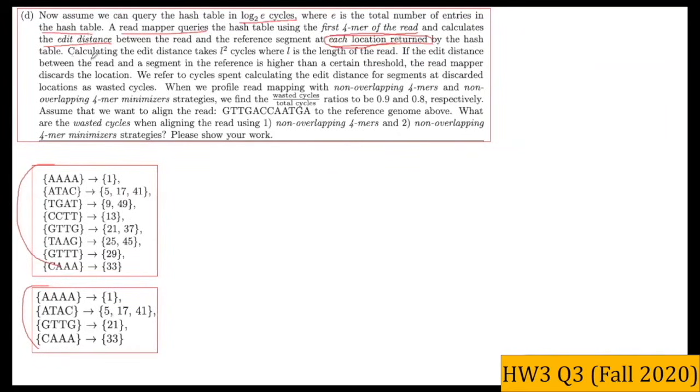Now, calculating the edit distance itself takes L square cycles, where L is the length of the read sequence. If the edit distance between the read and the segment in the reference is higher than a certain threshold given by the user, then the read mapper discards the location, and you can guess why.